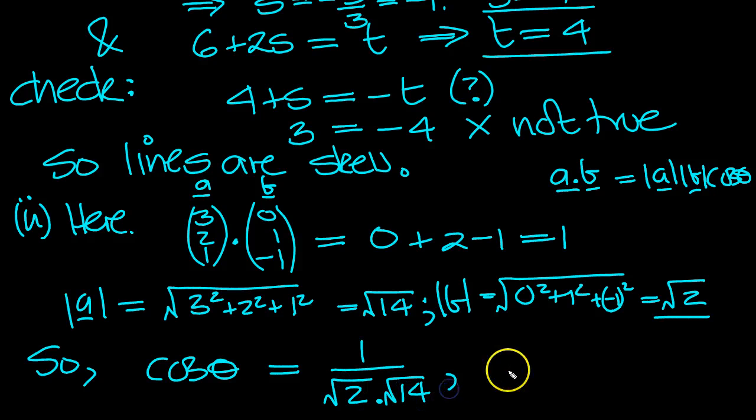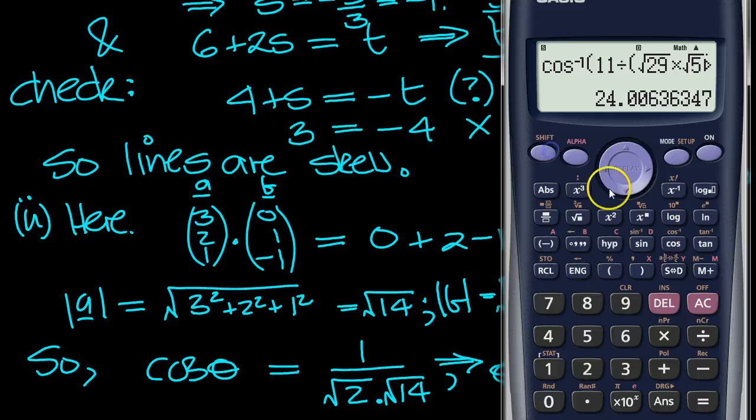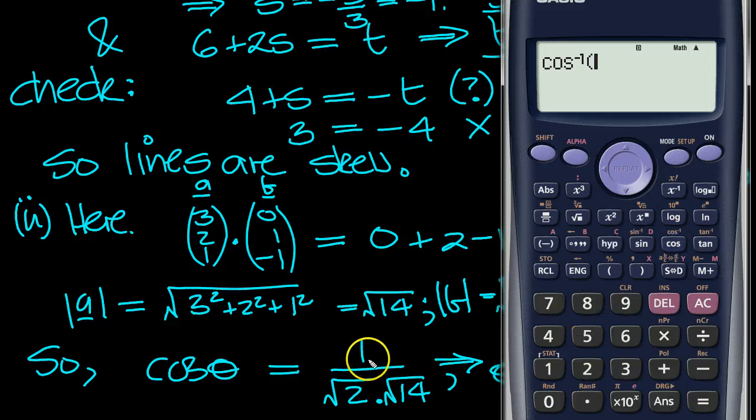So theta is equal to shift cos of 1 divided by, in brackets, the square root of 2 times the square root of 14.